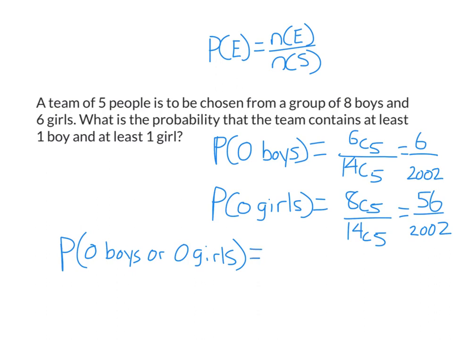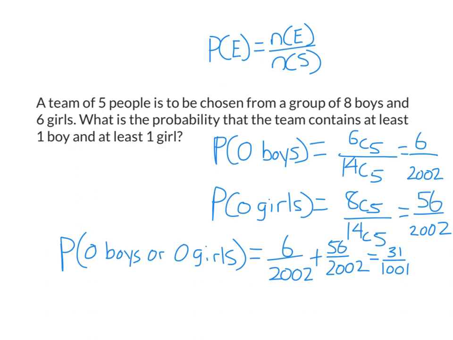When you have 2 events that are mutually exclusive, that can't both happen at the same time, the probability that either of them happens is just the sum of their probabilities. So the probability that one of these things happens is those 2 probabilities added together. That's the probability that I get no boys or no girls.